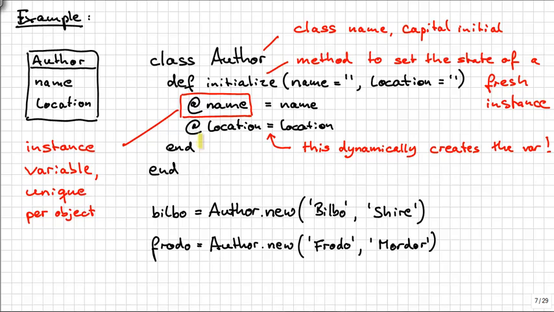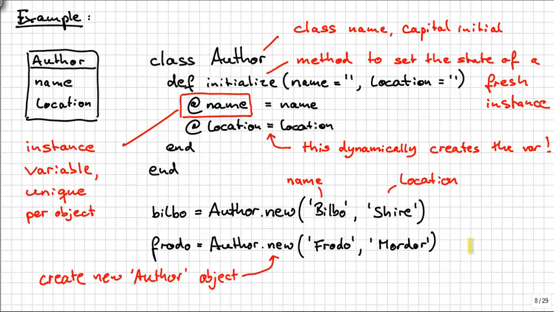Note that when we create an instance variable, it is actually dynamically created the first time we assign to it. So here we are introducing the location instance variable by assigning a value to it, and that dynamically creates this variable within the instance of the class.